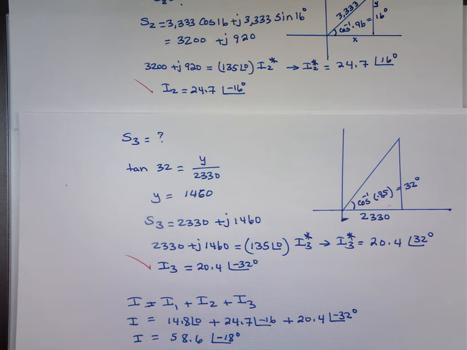I think the first question they ask us for that one: what is the total power drawn by the load? If they're looking for the average power, we know what the average power drawn by each one is.